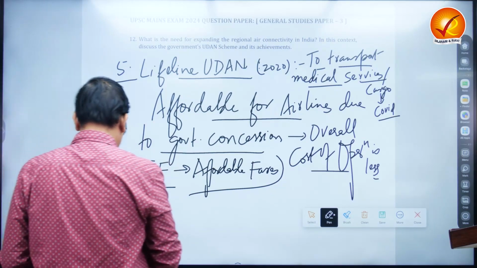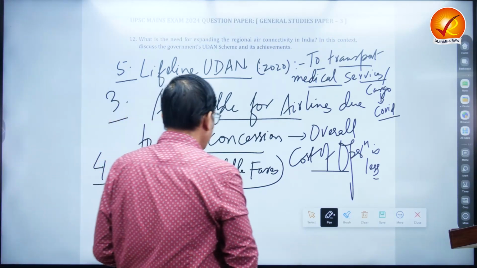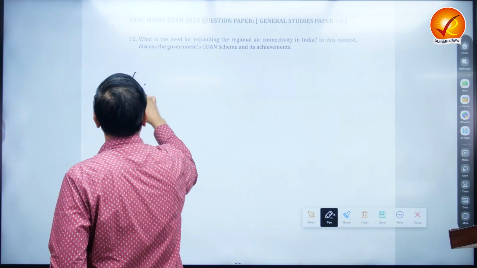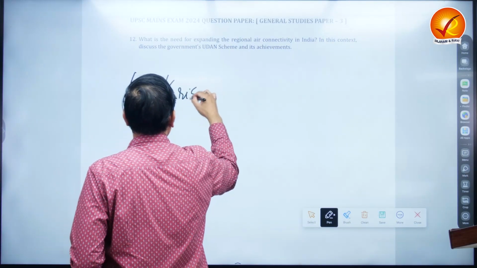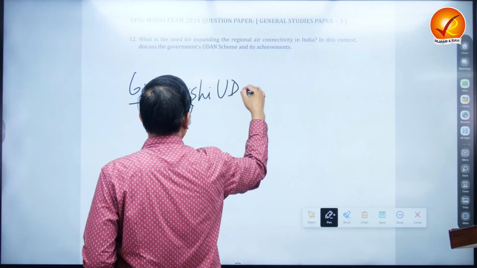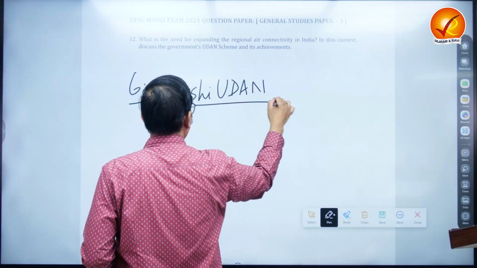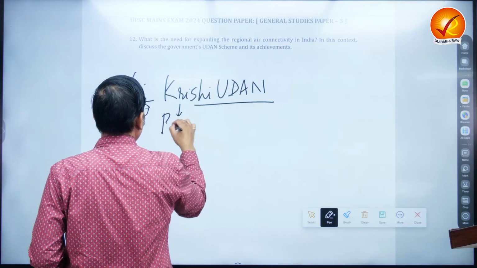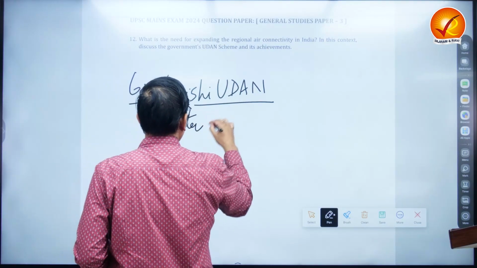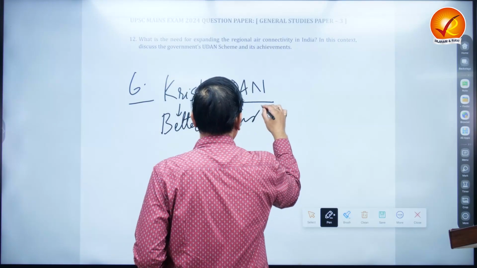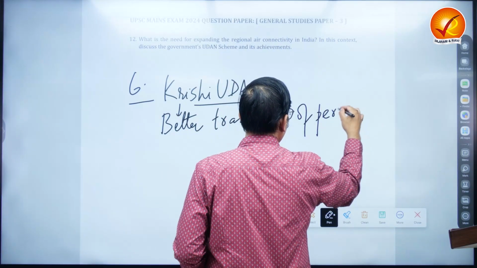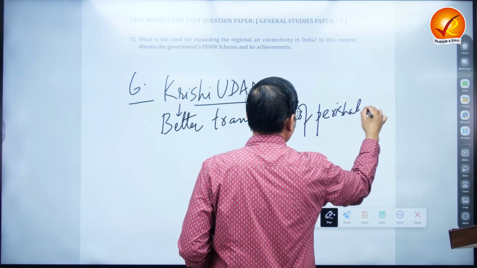Another unique example in achievement that you can give is Krishi Udan. Krishi Udan is a unique initiative within the scheme and it's a big achievement. This is for better transportation of perishable agricultural goods.